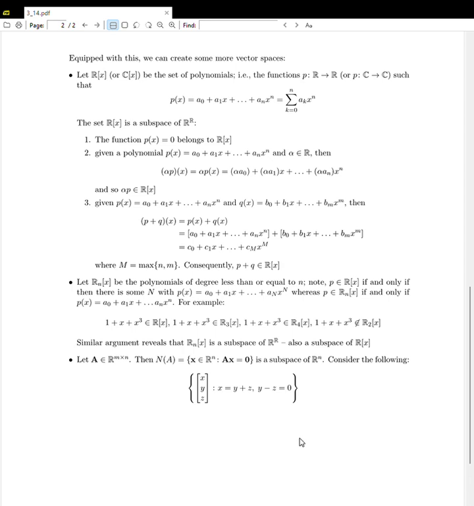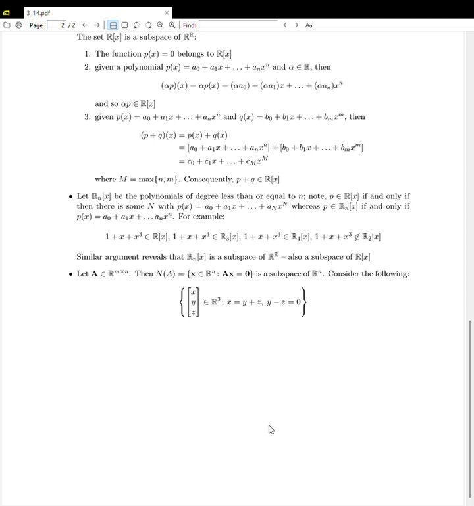All right, so I have these elements of R3 with the following property. I know that x is equal to y plus z, and I know z minus y is equal to 0. Now, this is just some subset of R3 that I created. However, we are about to do a neat little sneaky thing.